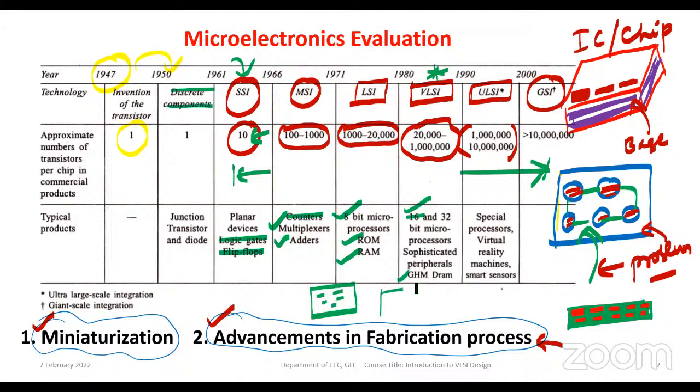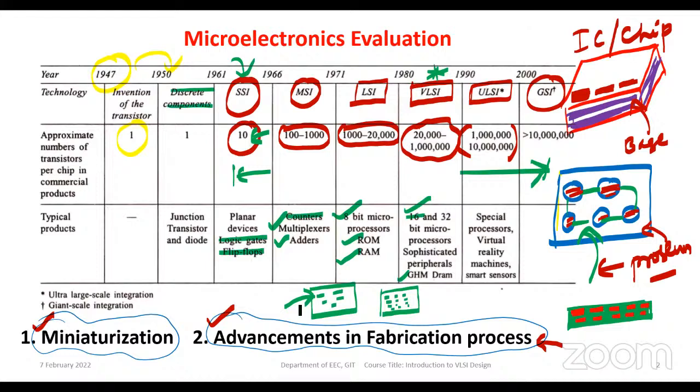It is also possible to use the same area with the help of 10 transistors, provided we reduce the size of the transistor. That means we play only with the length of the transistors. By reducing the length of the transistor, we can accommodate more transistors in the same area. So this kind of mechanism will be used when we move from one integrated circuit to another integrated circuit.